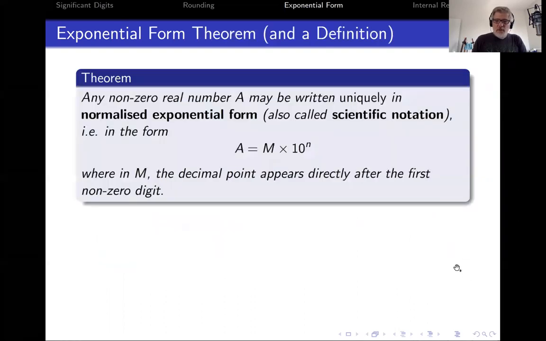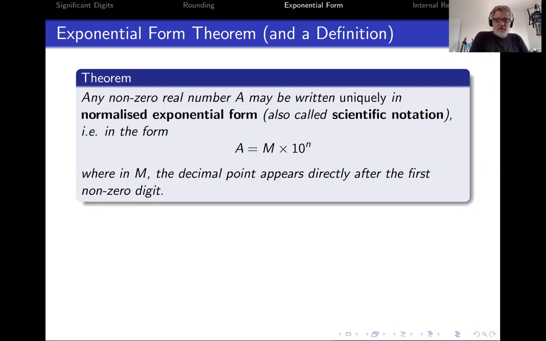Let's see now the exponential form theorem. It looks really nasty and fancy and complicated, but it's not. Here's the result that we're invoking. If you take any real number a which is non-zero, then you can write this number in a unique way, which is called normalized exponential form, or also scientific notation.